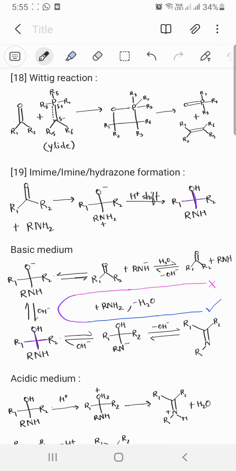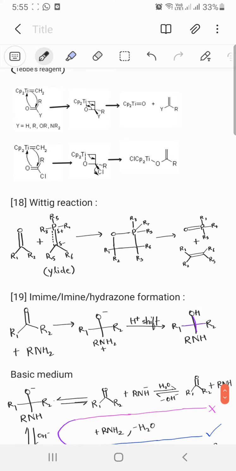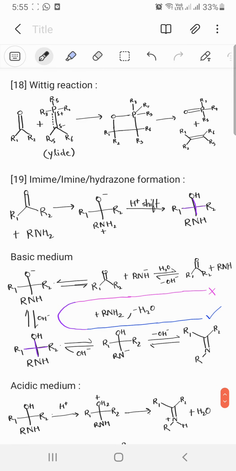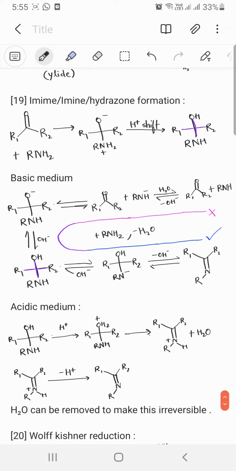All right. Cool. Fine. So in basic medium, this is what's happening. You have this kind of equilibrium. Okay. Right.